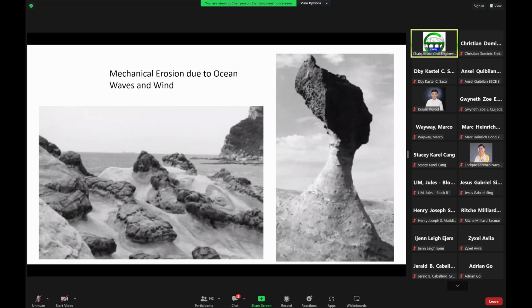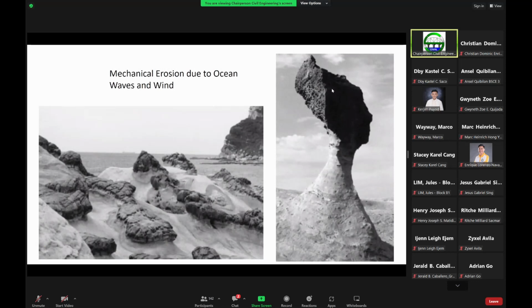Here we have an example of a mechanical erosion process and a mechanical weathering process, with erosion due to ocean waves and wind. The figure on the left side is because of ocean waves, and the figure on the right is an erosion caused by wind.